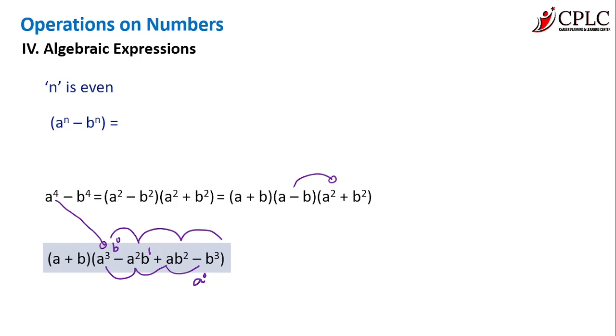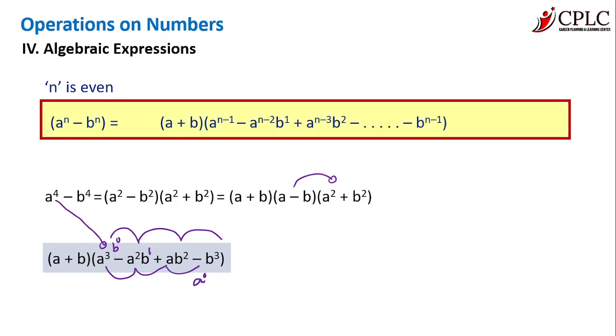So the general formula for this one has to be (a plus b), and in the second bracket the power change pattern is the same. The only difference compared to the previous one is the alternate plus and minus. So a raised to n minus 1, b raised to 0, minus a raised to n minus 2, b raised to 1, plus a raised to n minus 3, b raised to 2, and so on, till the last term, which is minus a raised to 0 into b raised to n minus 1, for example.